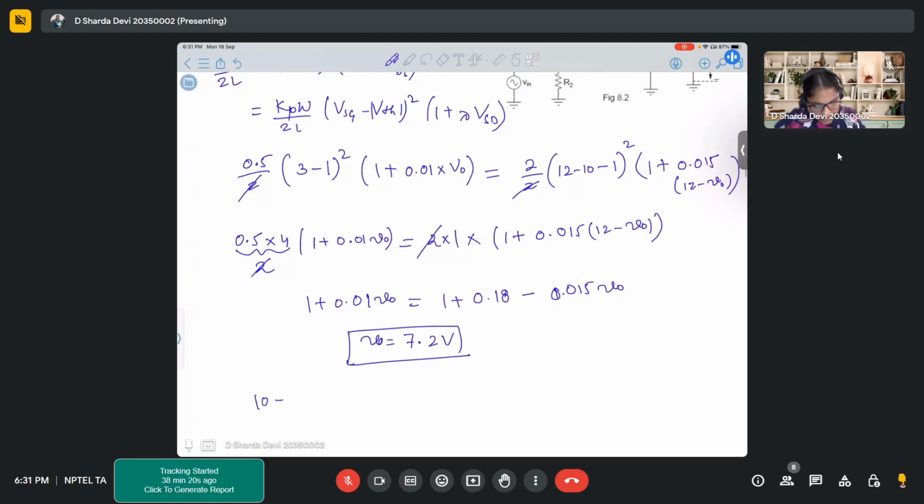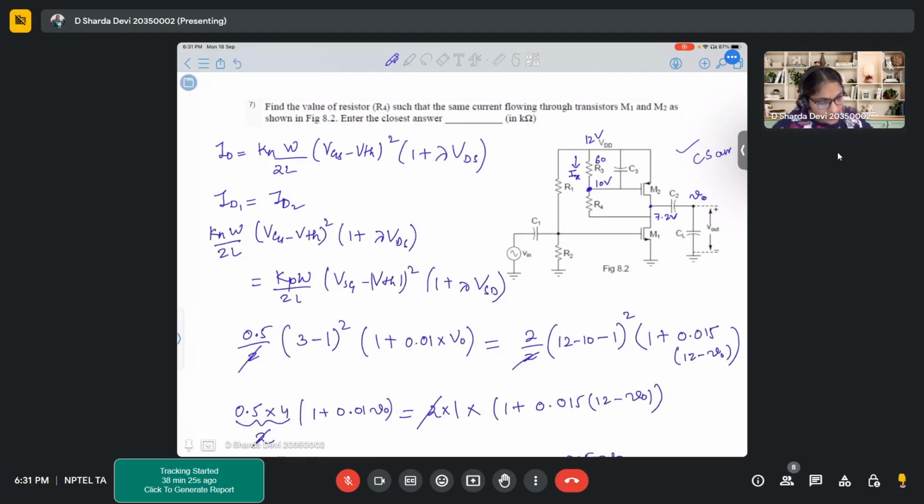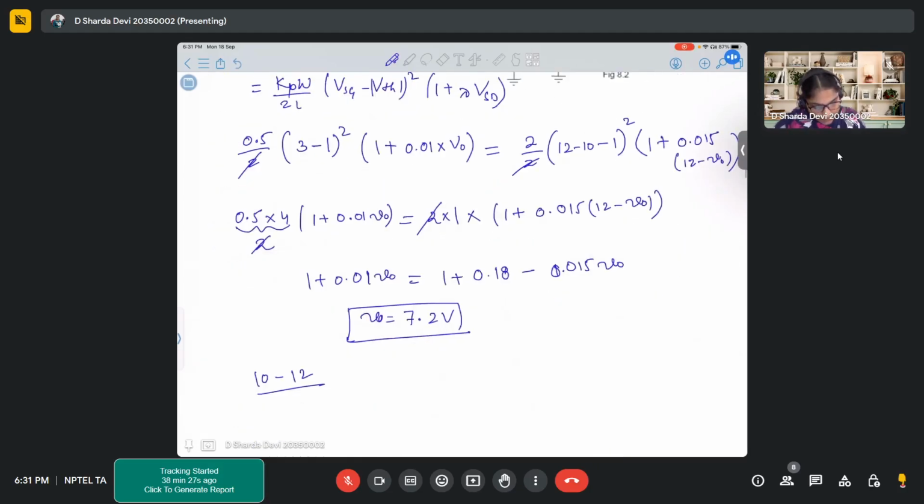So (10 minus 12) by 60k, plus (10 minus 7.2) by R4 is equal to 0.